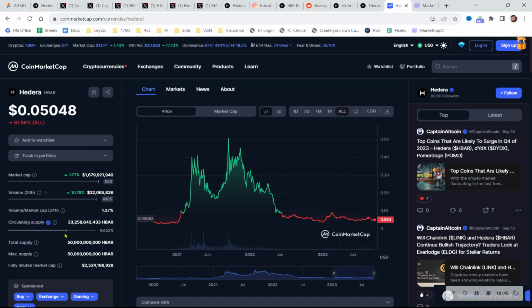But because of that increased supply, it might be held back in terms of the raw price. So I am still extremely interested in this just from a price accumulation standpoint. But of course, this is not financial advice. I'm just explaining what I am actually interested in.